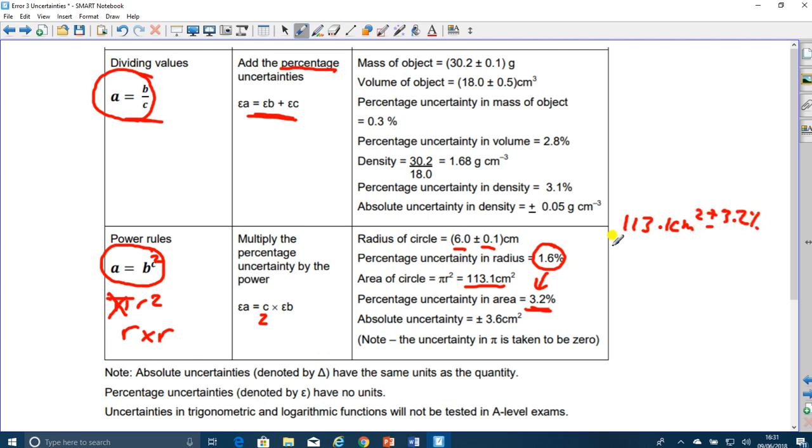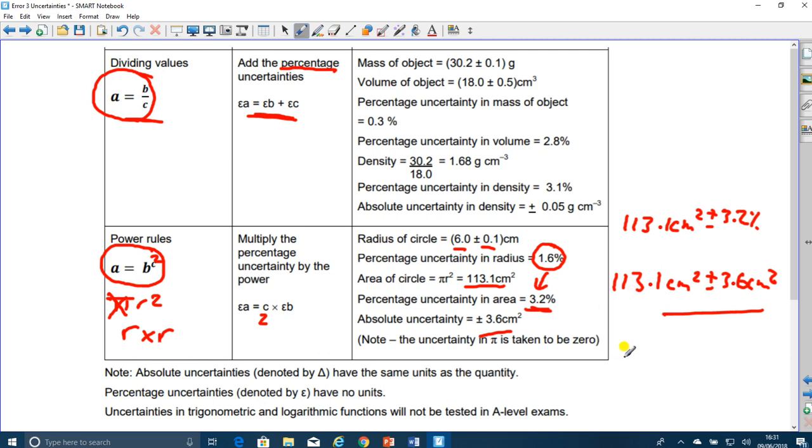Or we could use the 3.2% and do 3.2% of 113, which would instead give us an absolute uncertainty. So it just depends how we're asked to present the information at the end. So there's just another way of doing it.